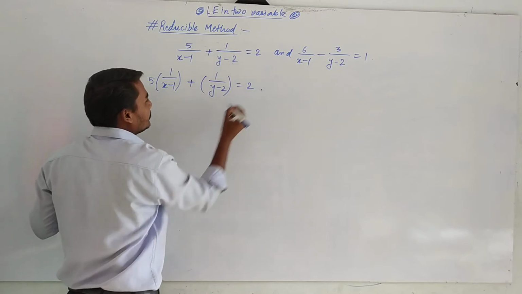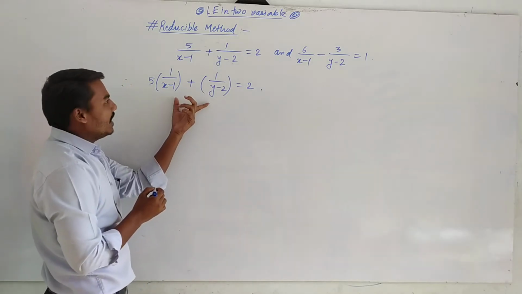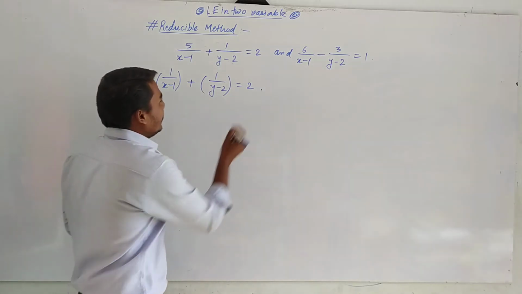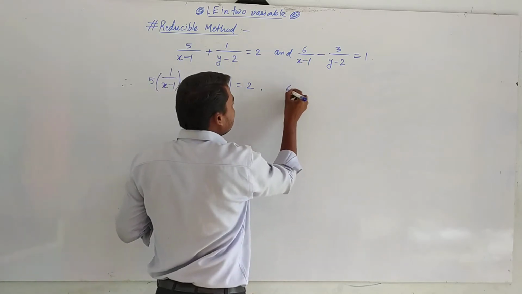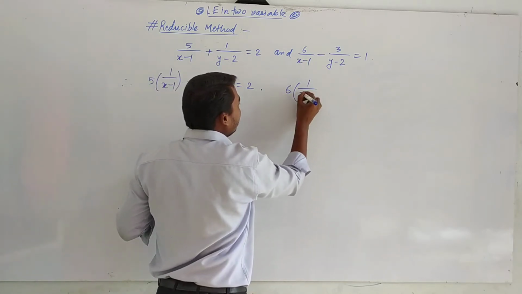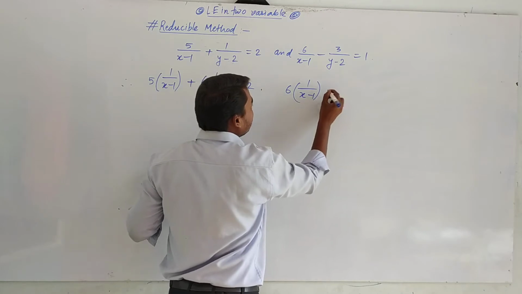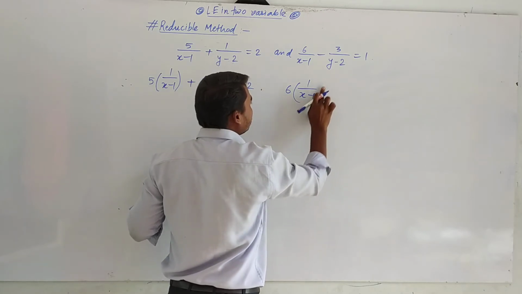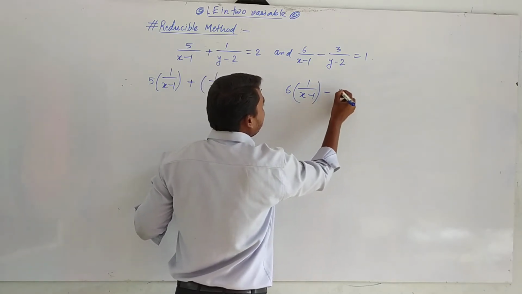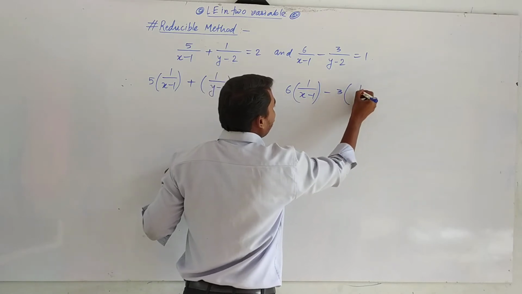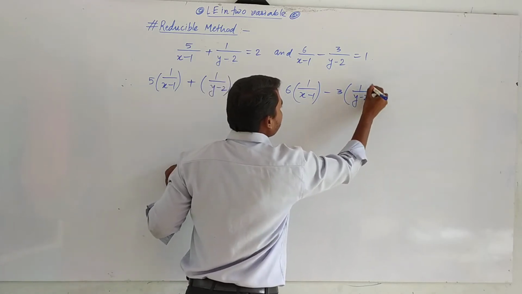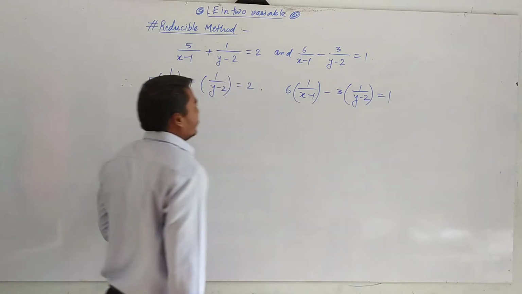Now it is equation number 1, and the second equation will be 6 into 1 by x minus 1 minus 3 into 1 by y minus 2, which is equal to 1.